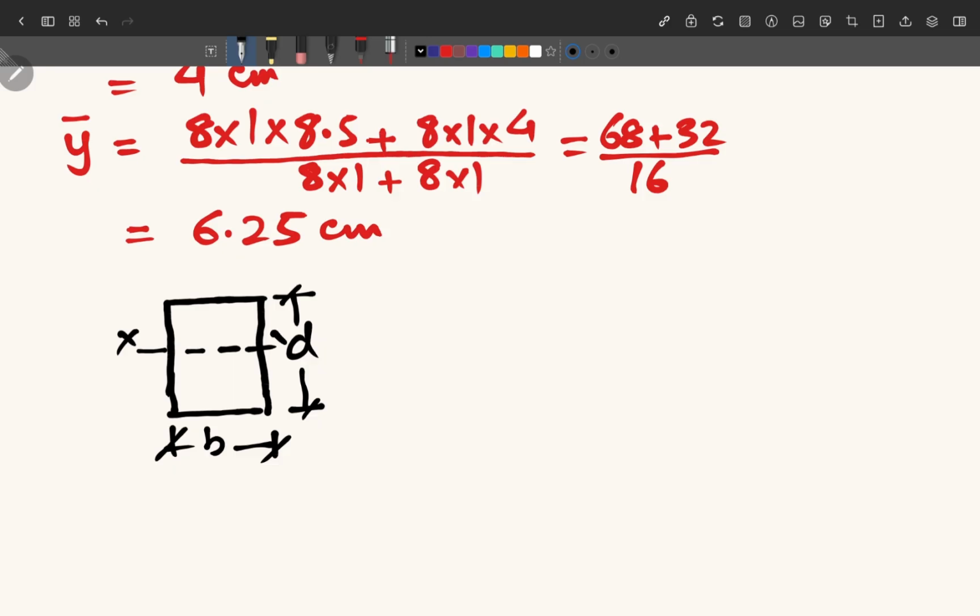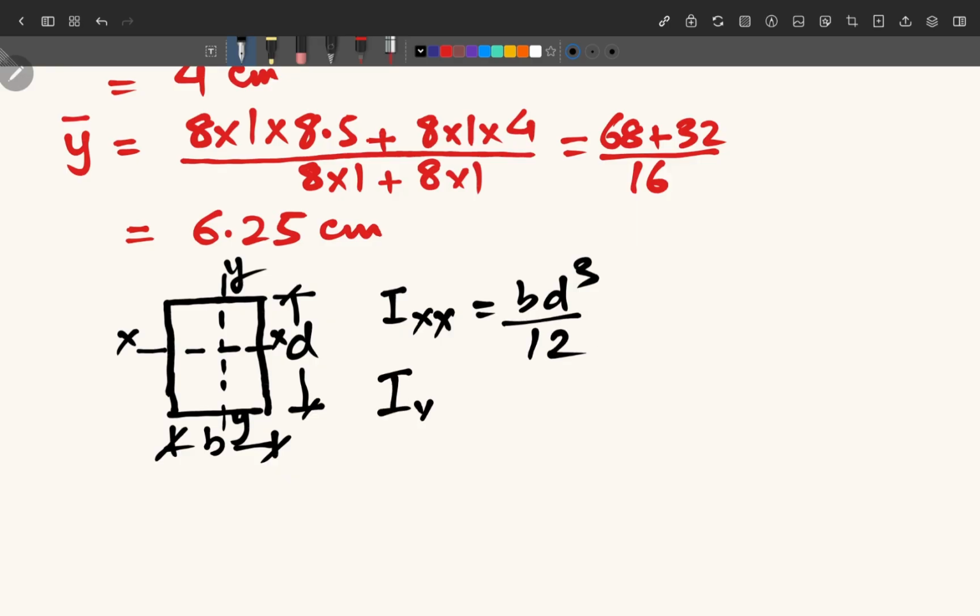then the formula is BD cube by 12 about the horizontal x-axis, and if this is your y-axis, so we know that Ixx is equal to BD cube by 12, and moment of inertia about y-axis is dB cube by 12.